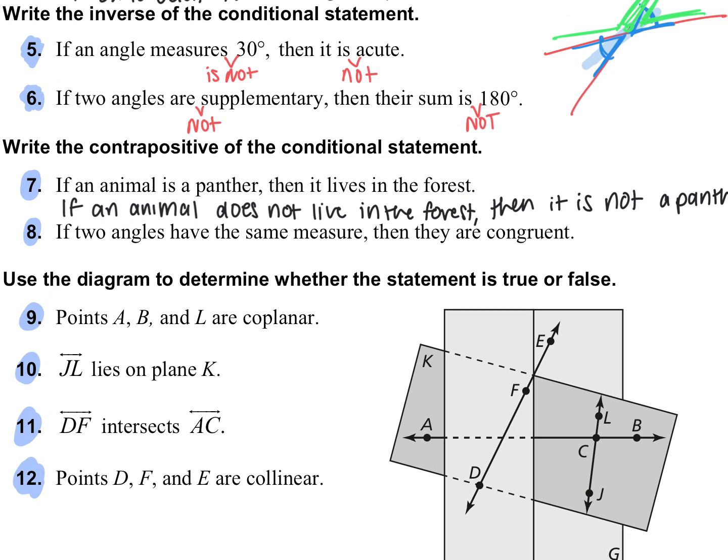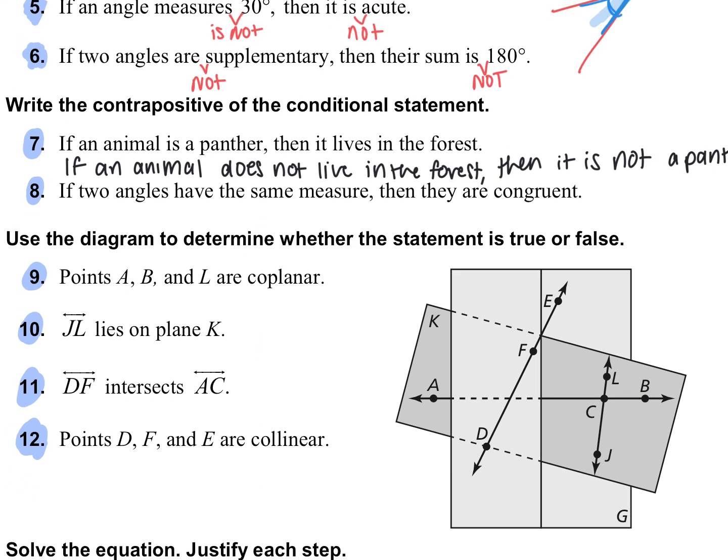All right, number 8. If two angles have the same measure, then they are congruent. Yes. If two angles are not congruent, then the two angles do not have the same measure. Good.